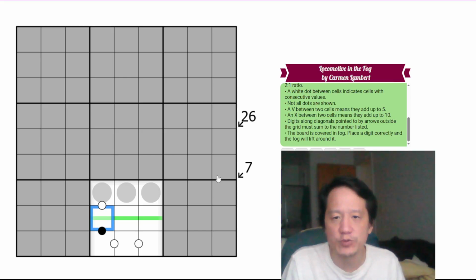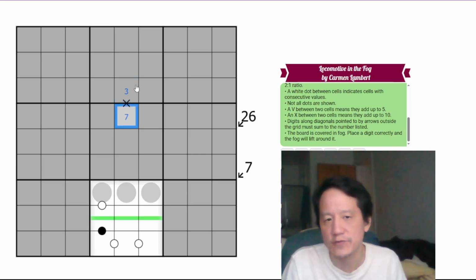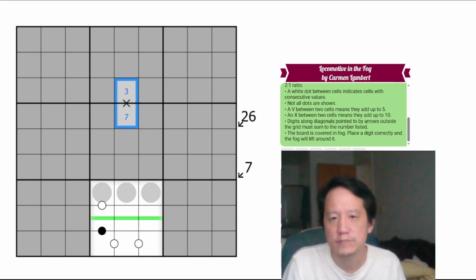A V between 2 cells means they add up to 5. So say we pretend this was a V. If this were 3, this would have to be 2 because these 2 digits would have to add up to 5. Now say we had an X actually. So we'll mark that as a dark black. So if this were 3, this would have to be 7 because these 2 digits would have to add up to 10 if they have an X in between them.